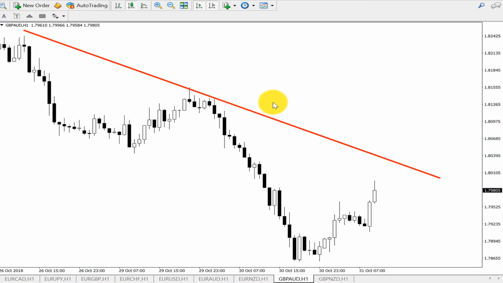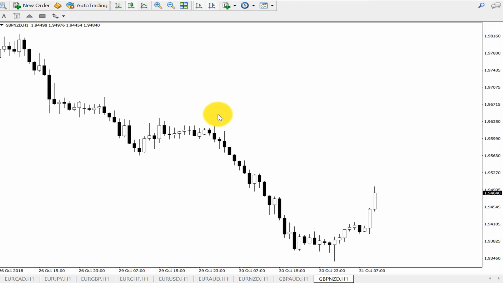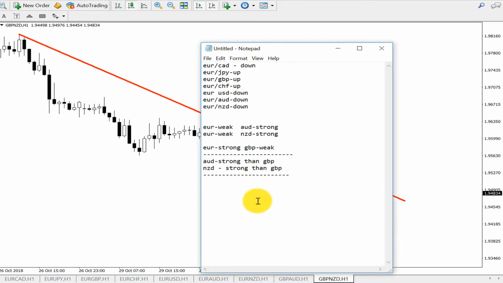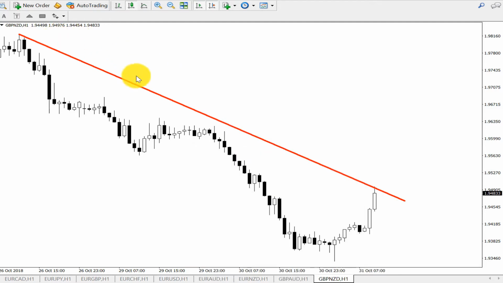In other words, Australian dollar is strong against GBP. And if we go for GBP New Zealand, we will find the same result. GBP is weaker than the New Zealand dollar. New Zealand is strong and GBP is weak.